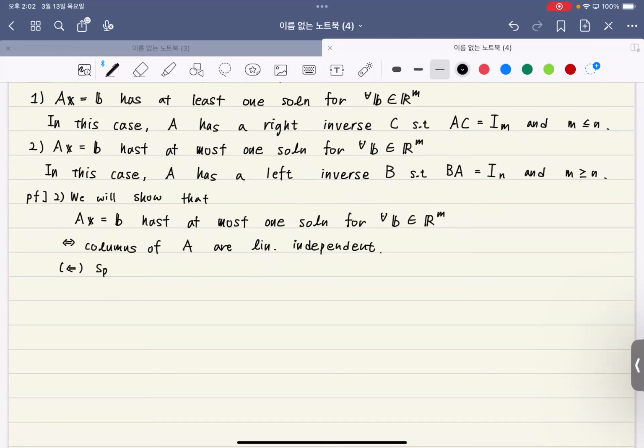Suppose that the columns of A are linearly independent. And now, also assume that we have two solutions for the same b. The one solution, I'm going to say x, and the other one, y.